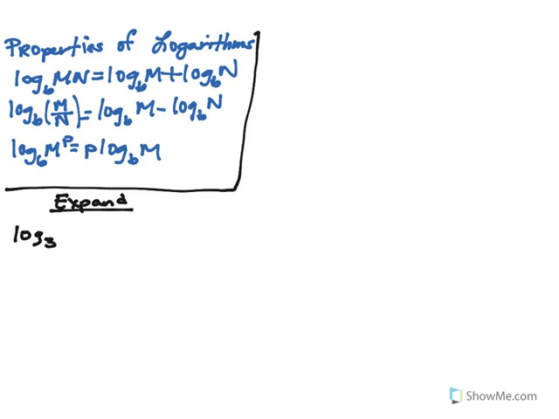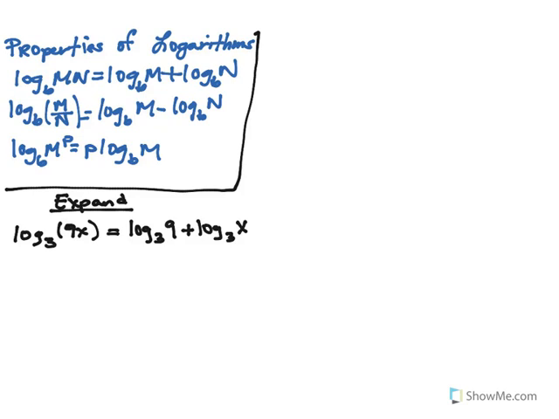So this is log base 3 of 9x. In its expanded form, it will be log base 3 of 9, which is multiplication between 9 and x, so it's going to expand into an addition: log base 3 of 9 plus log base 3 of x.